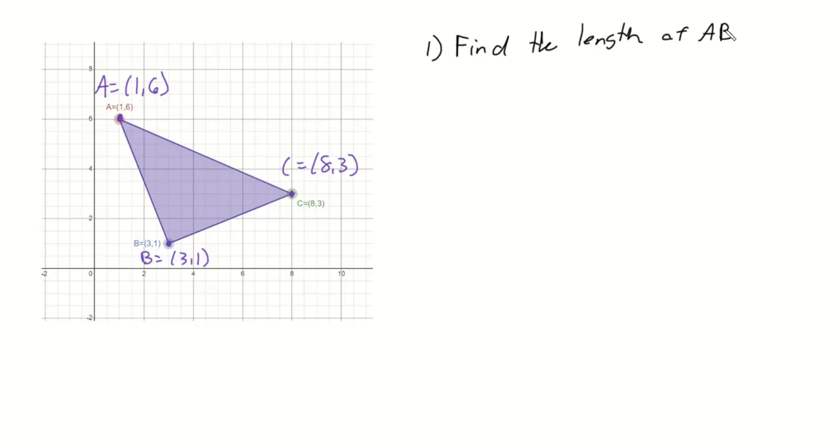I want to get from one point to the other. Who remembers a formula we had to use? We got it like chapter 4. Find the distance from A to B. What formula am I using?